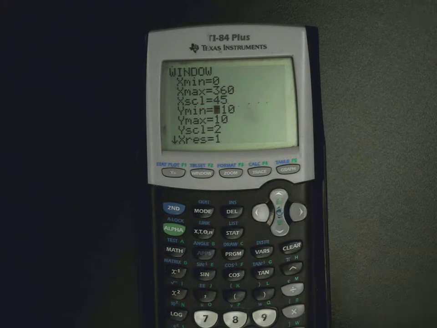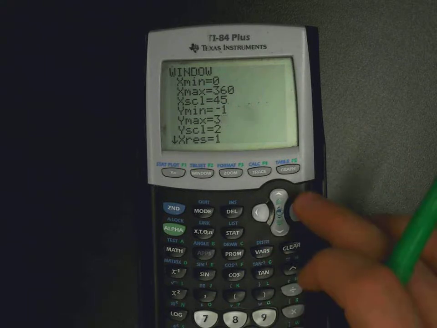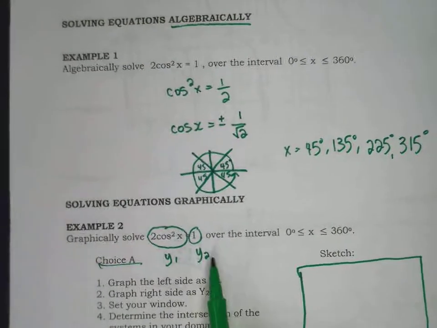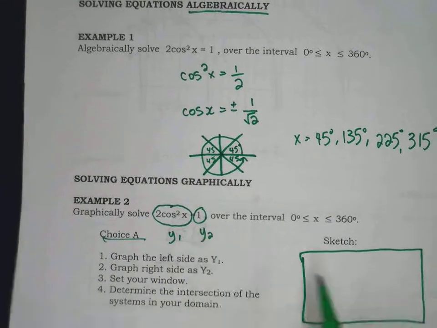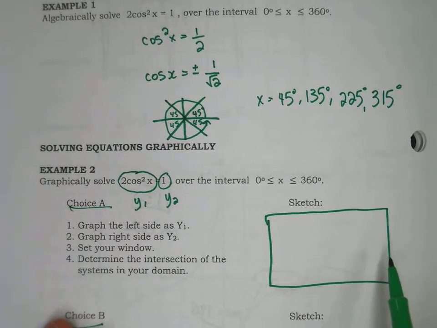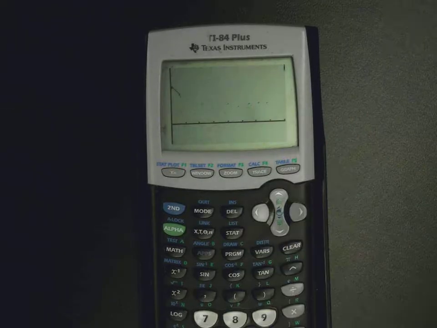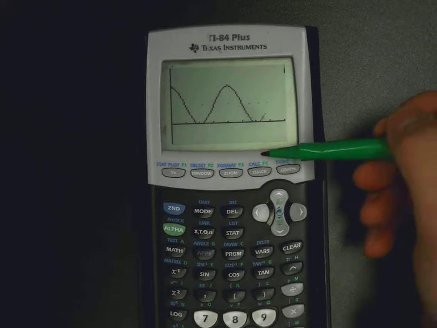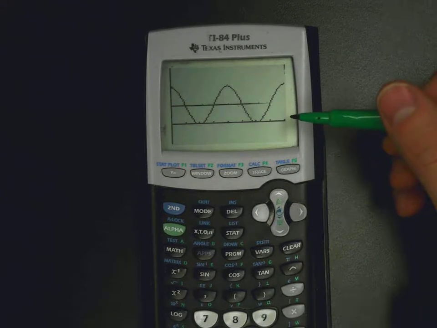And y min to max, again, not really sure where this goes, but I'm going to say from negative 1 up to a 3, only because I see one equation is going to have a 1 shooting across, and so maybe there's stuff above or below that. So as we graph this, we can see what it looks like. And in fact, it was a decent guess because negative 1 to 3 does put us very much in a middle.